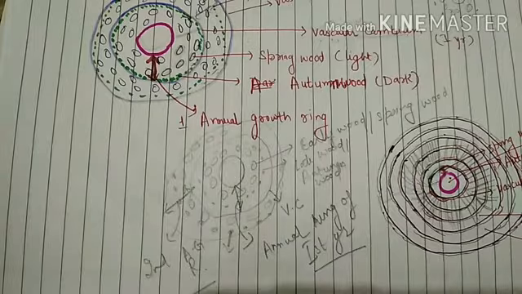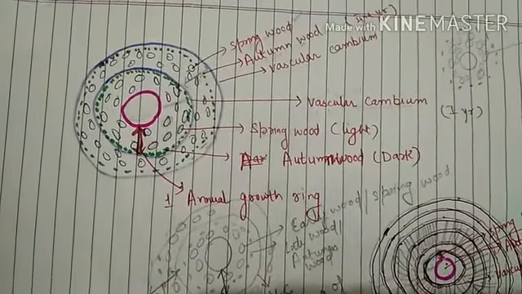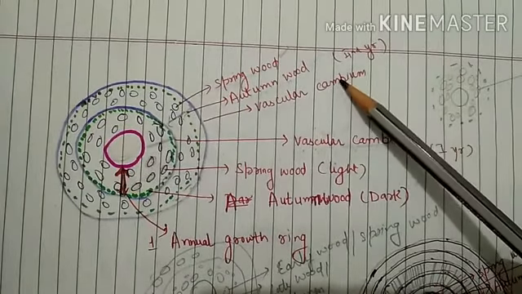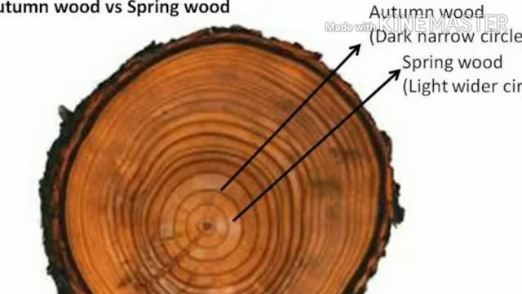So there are two types of wood which we can observe in plants of temperate regions, that is spring wood and autumn wood. The next important difference is that spring wood is lighter in color, whereas autumn wood is darker in color, as you can see in the diagram.